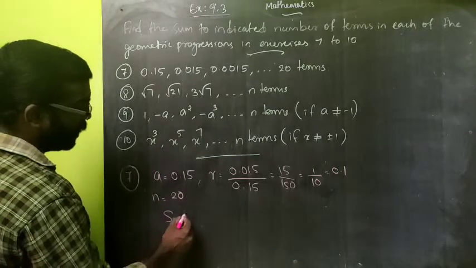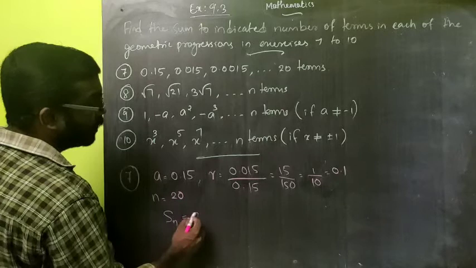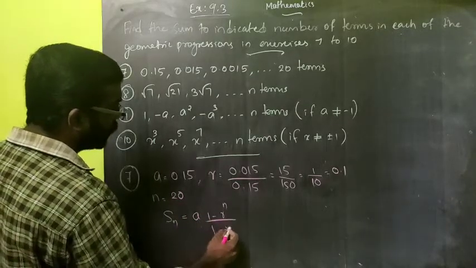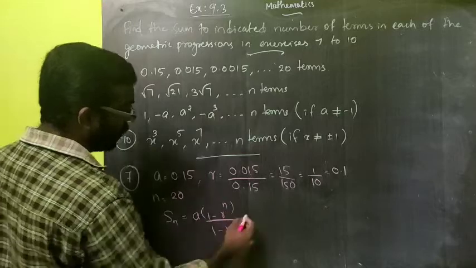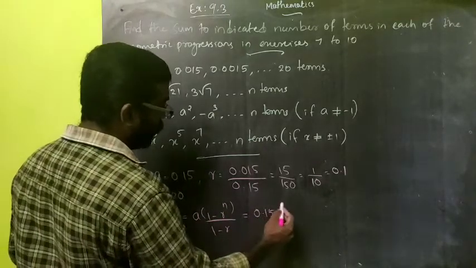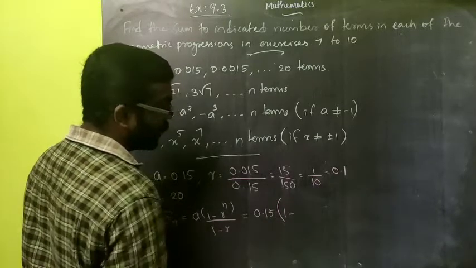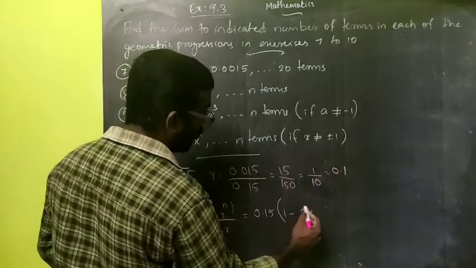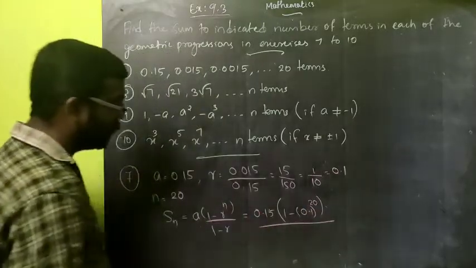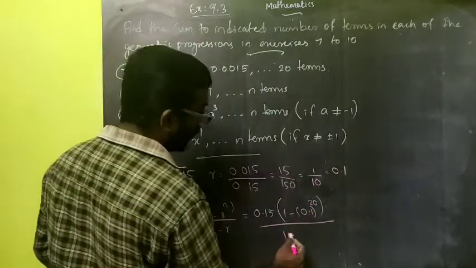We have the formula Sn is equal to a into 1 minus r raised to n divided by 1 minus r, which is equal to 0.15 into 1 minus r raised to n. The r value is 0.1, the whole raised to 20, divided by 1 minus r, 1 minus 0.1.